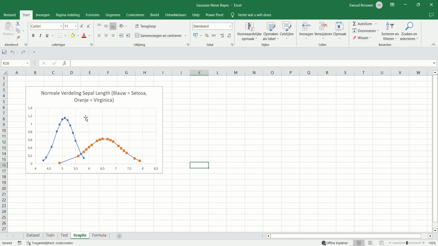It's in Dutch, by the way, but don't pay attention to that. When the observation is, for example, 4.5, and you go upwards and then to the left, the y-axis is the likelihood, so the probability based on an observation.